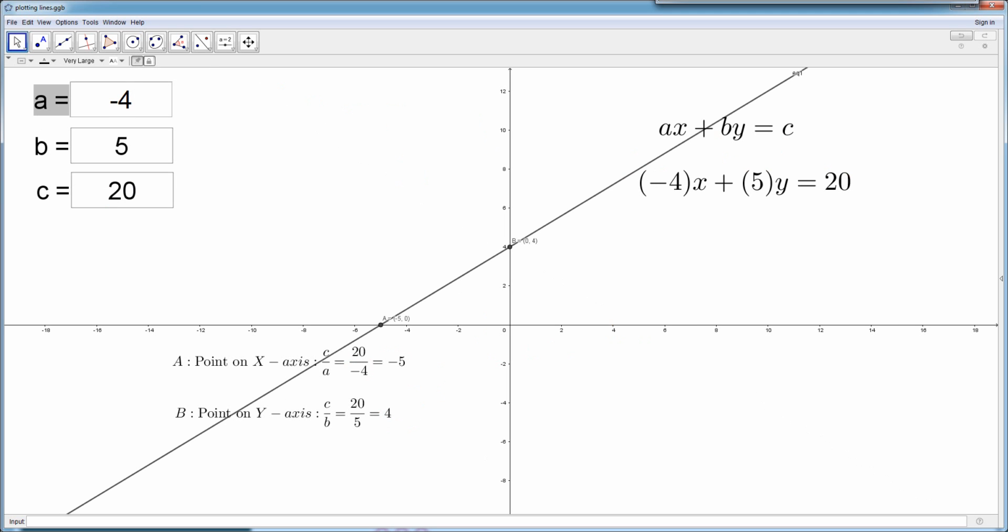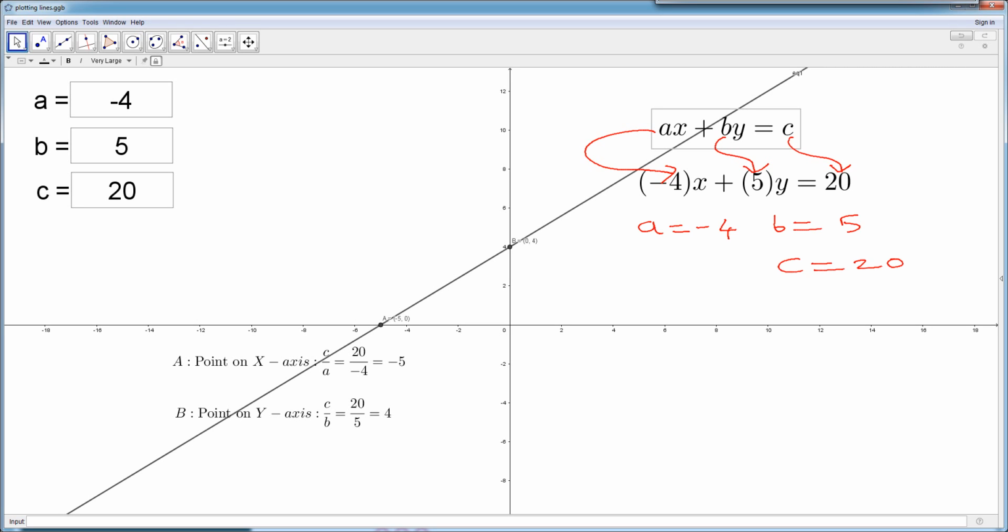Now what is the value of a here? You can observe that the value of a is -4, the value of b is 5 and the value of c is 20. So a is equal to -4, b is equal to 5 and c is equal to 20.